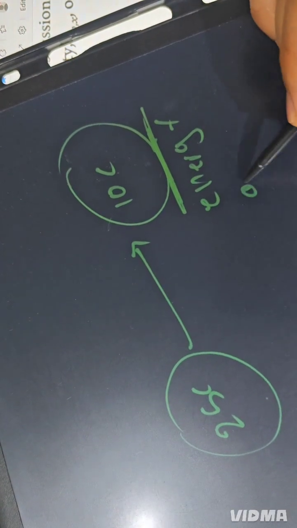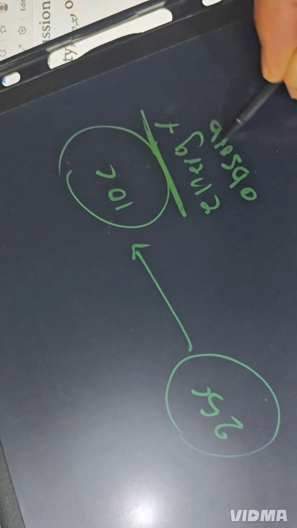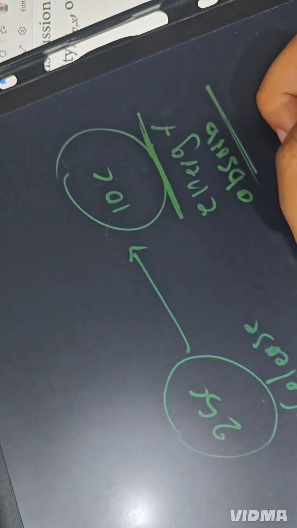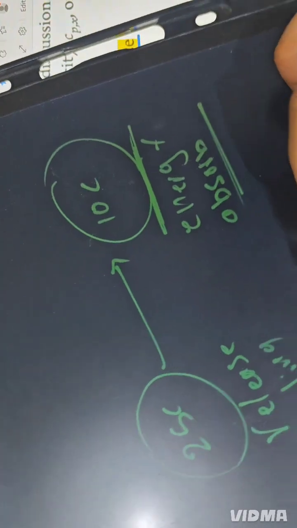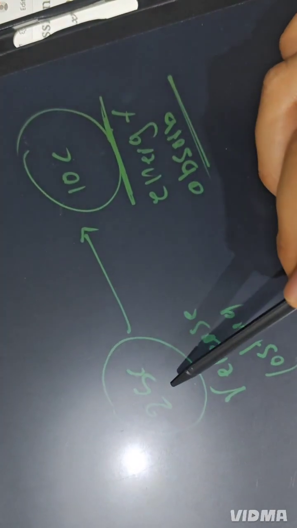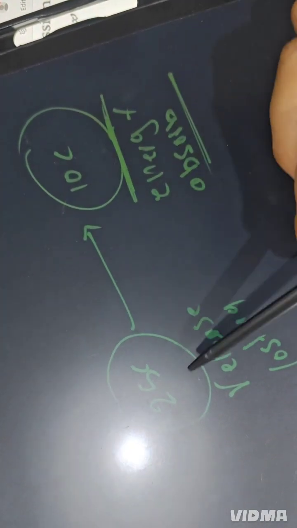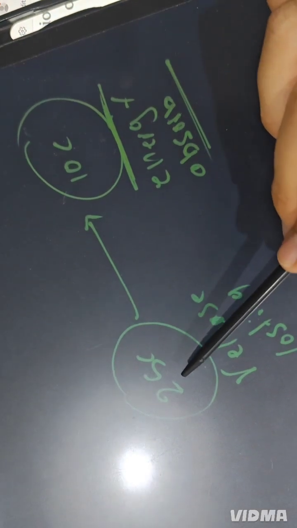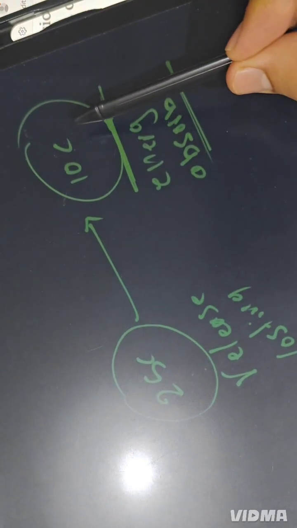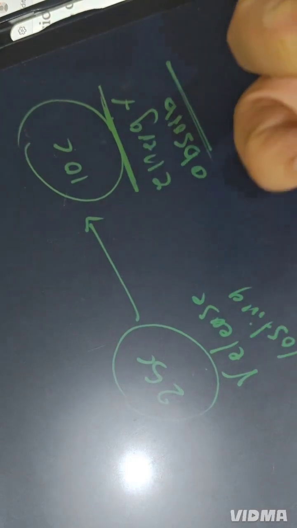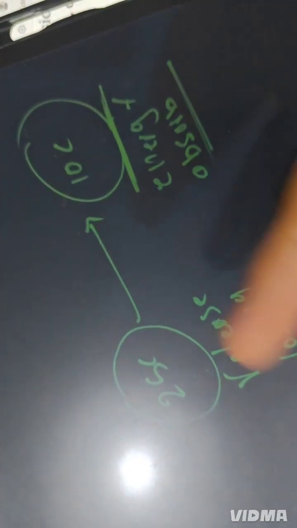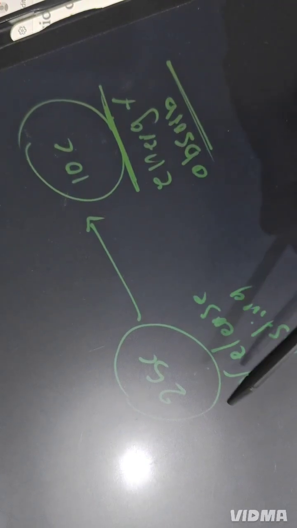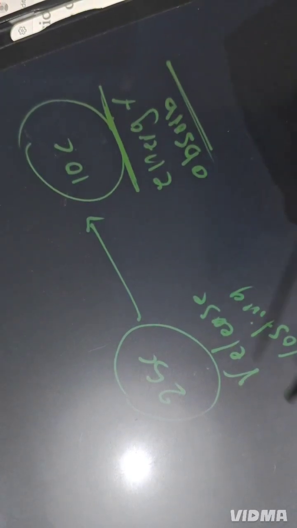So this one absorbs energy, but that one releases or loses it, because it is giving its energy to the second object. This object gives its own energy to the second container, and the second container receives. So with time, the first object's energy is reduced and decreases.